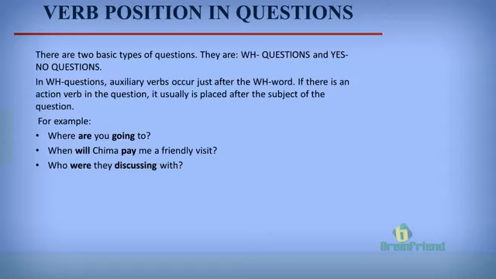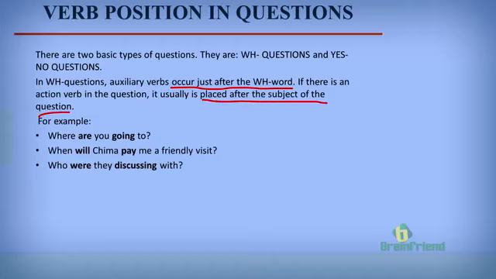Now, in WH questions, auxiliary verbs occur just after the WH word. And if there's an action verb in the question, it is usually placed after the subject of the question.